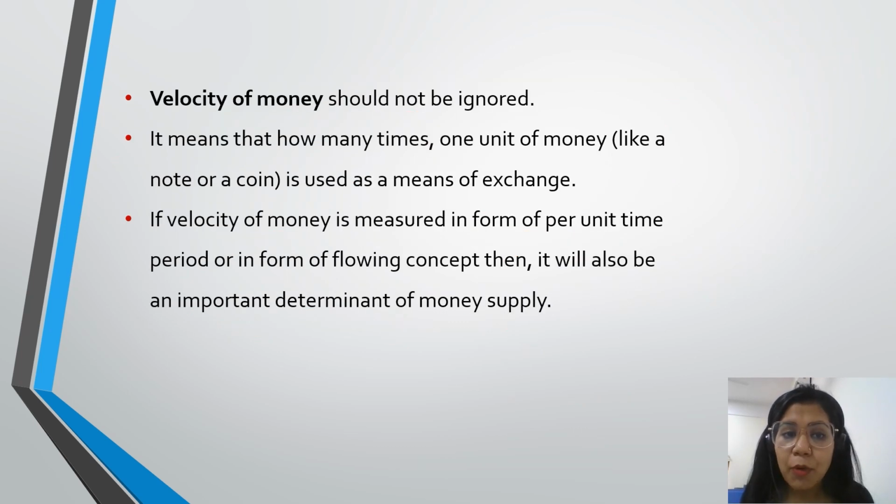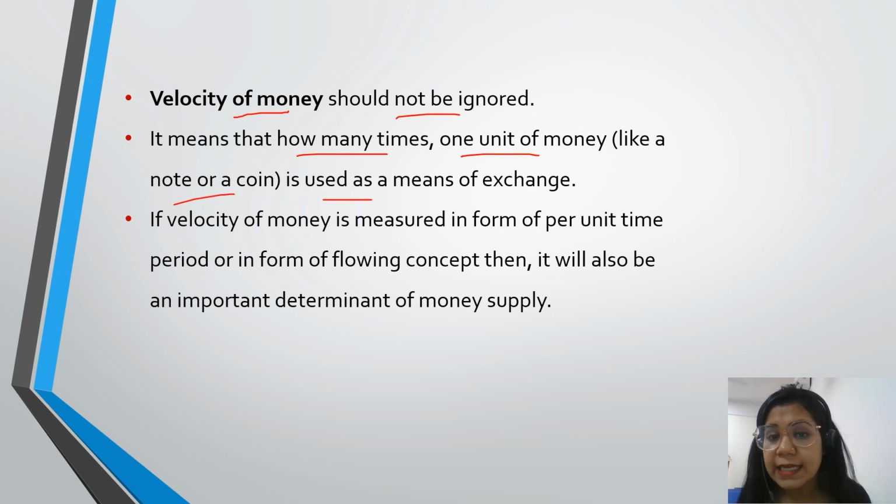Now, another point that influences our money supply is the velocity of money. The velocity of money should not be ignored. It means how many times one unit of money, like a note or a coin, is used as a means of exchange. One example that we have done: suppose that on average a single unit of money exchanges hands 7 times in a year.